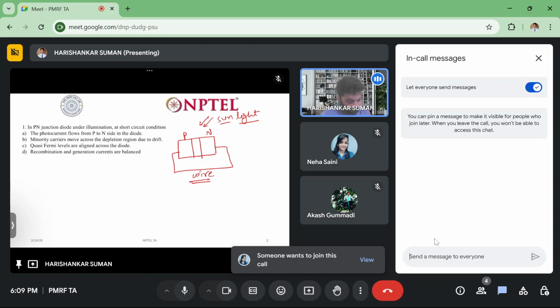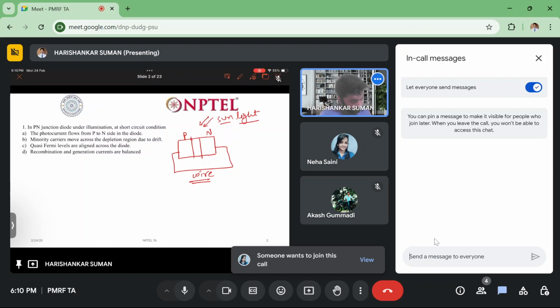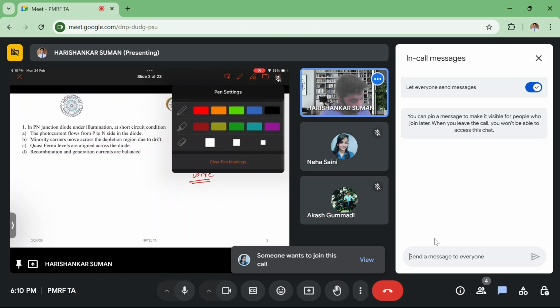So what will happen? The photocurrent flows from P side to N side in the diode. This is the junction. Let me highlight it.